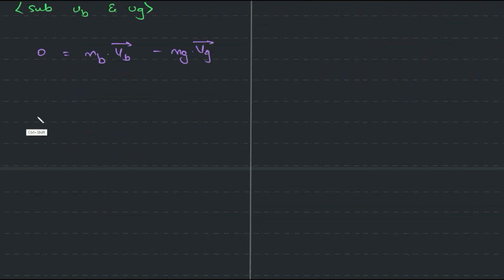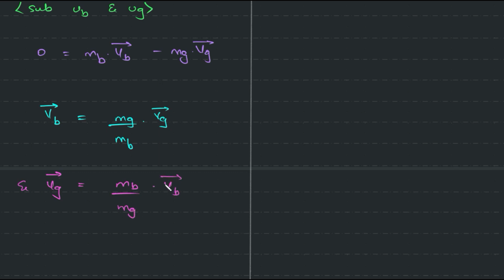A bit of rearranging and we have the velocity of the bullet is equal to mass of the gun by mass of the bullet times velocity of the gun, and velocity of the gun is equal to mass of the bullet by mass of the gun times vb.